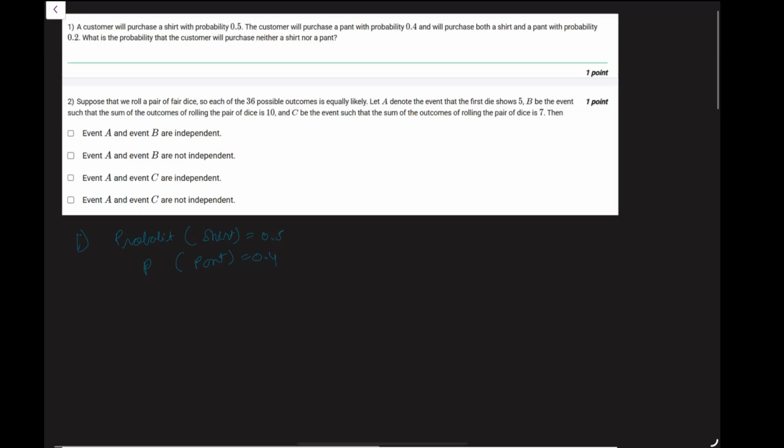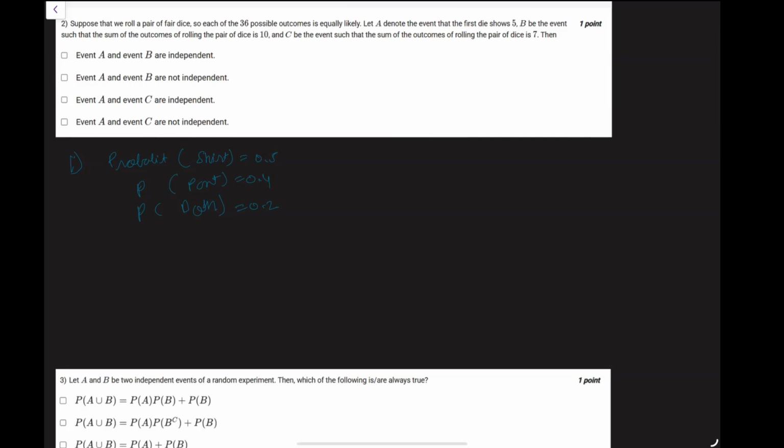And then we have probability that customer buys both, and that probability is 0.2.